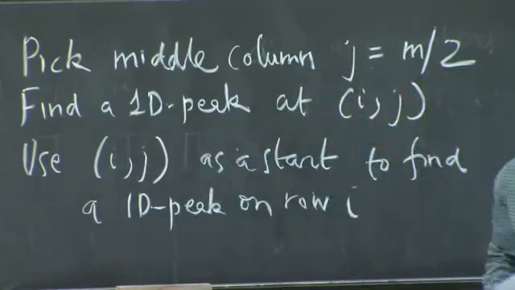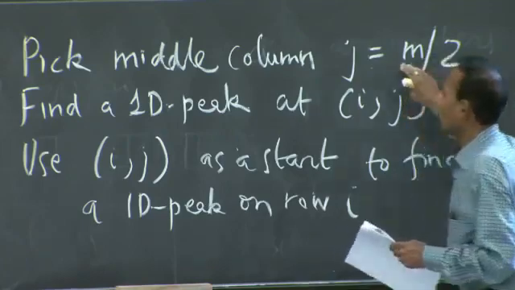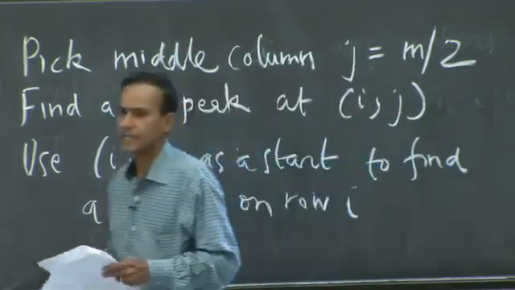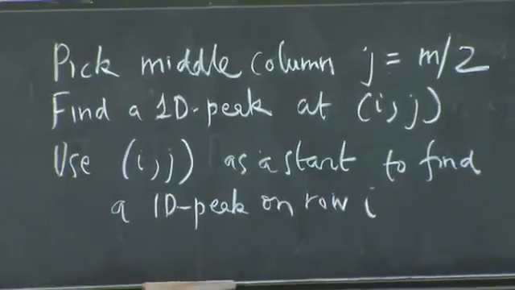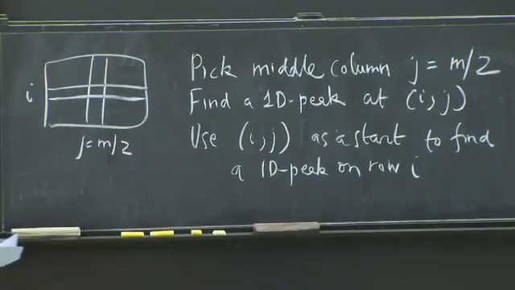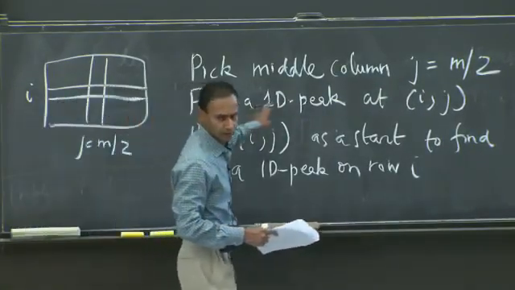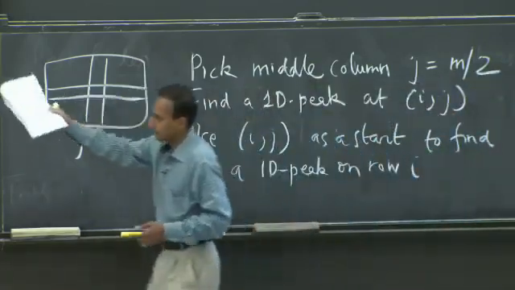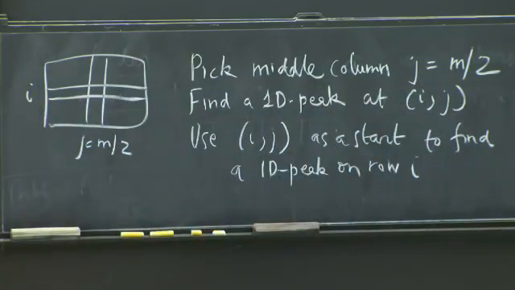And I stand up here and I'm really happy, because I say, wow, I picked a middle column, I found a 1D peak, and that is, as we argued, theta n complexity. Oh, I'm sorry, you're right. The log n complexity, that's what this was.